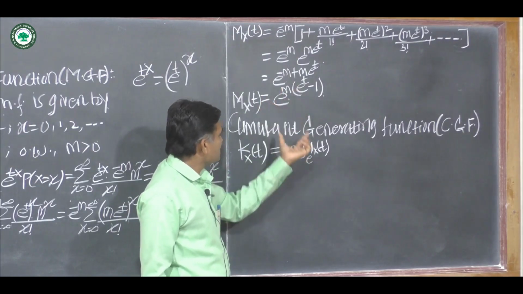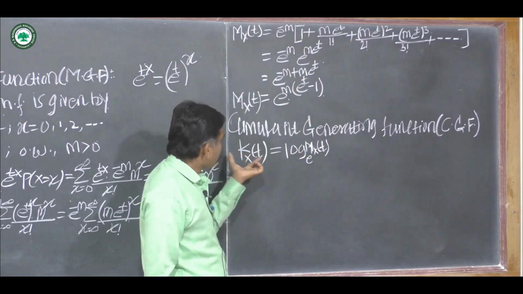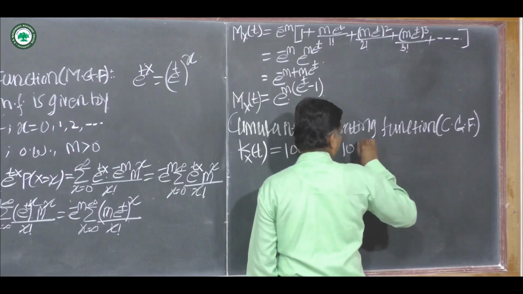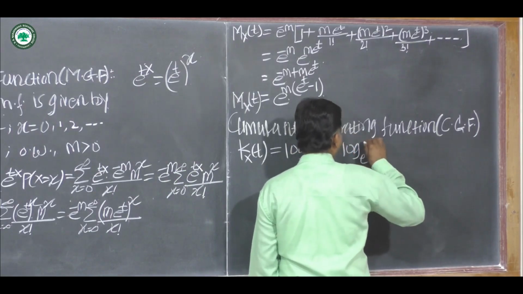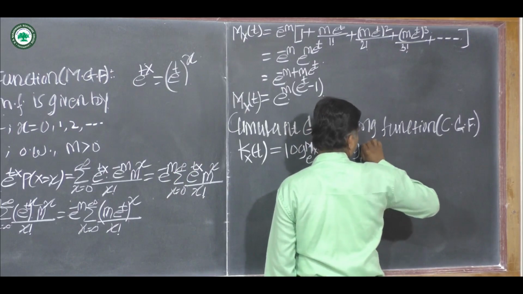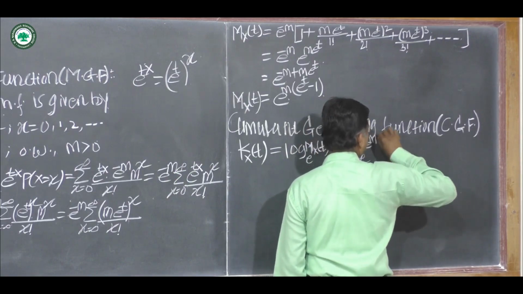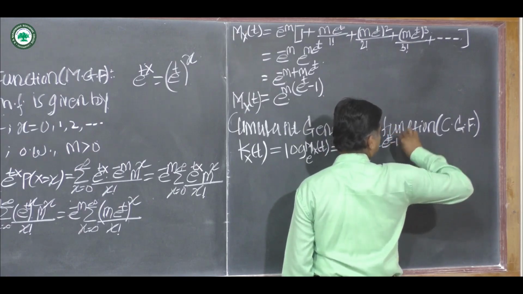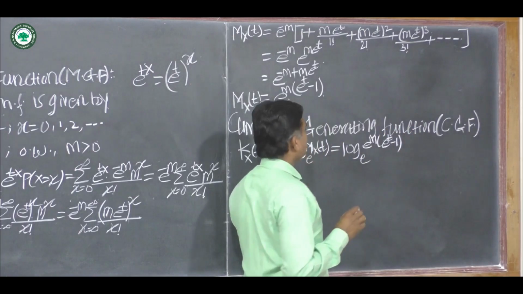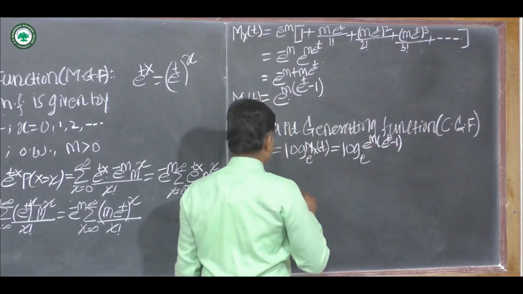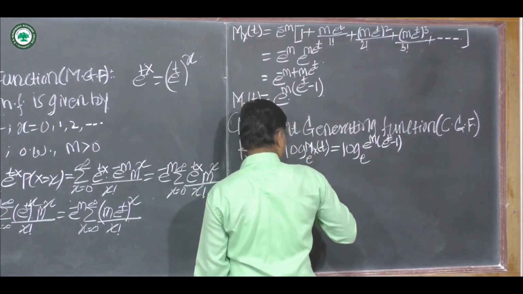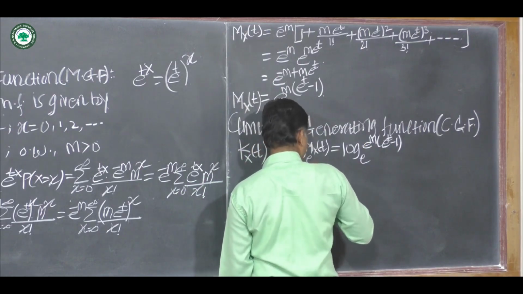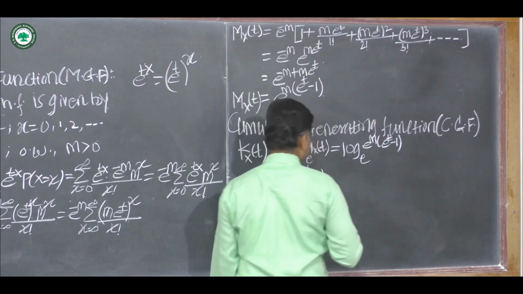Substitute this MGF in Kx(t), which is equal to log base e of e raised to m into (e raised to t minus 1).